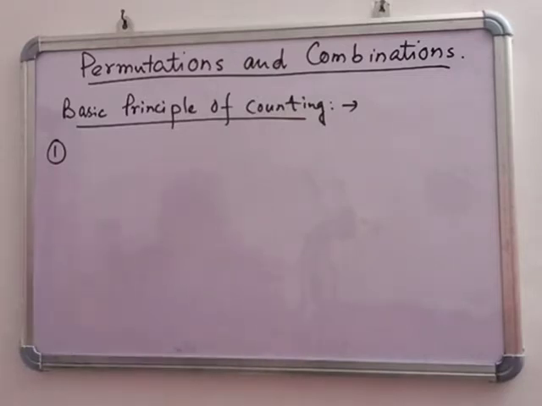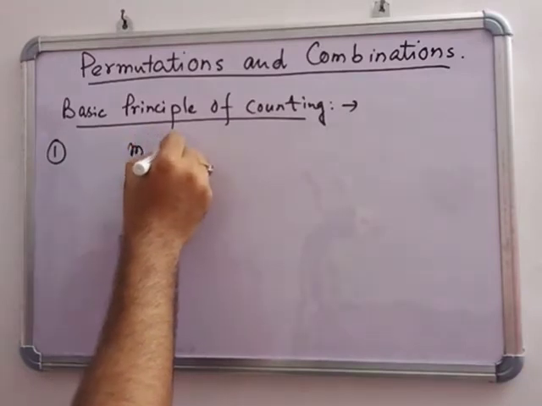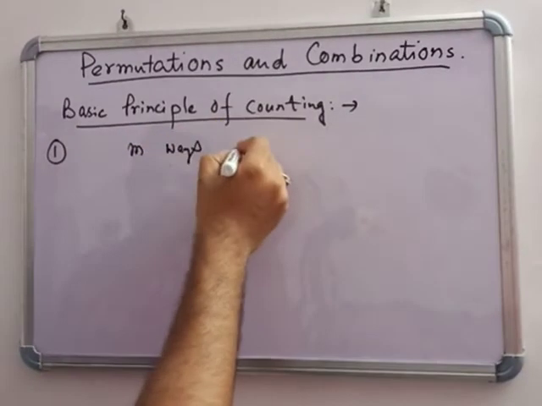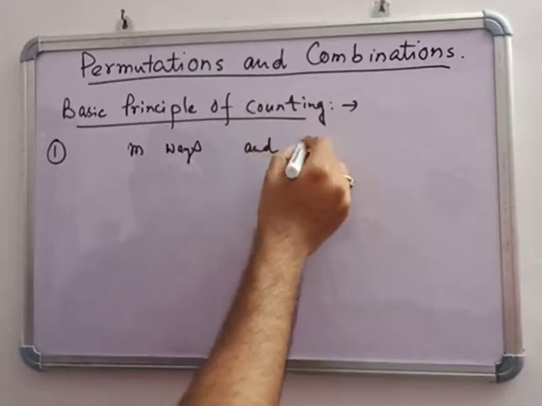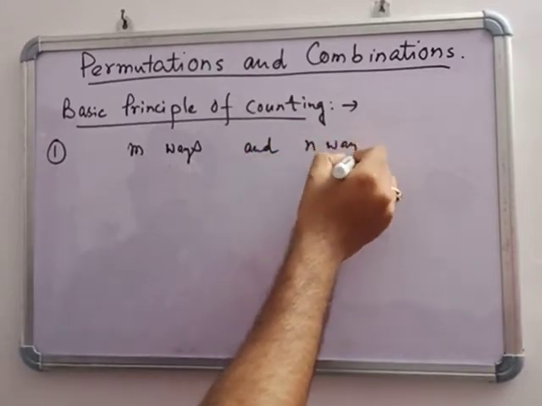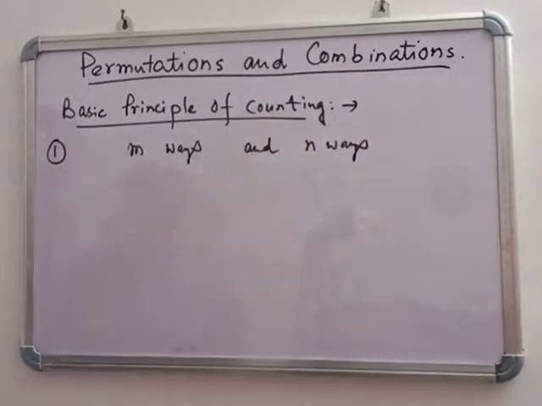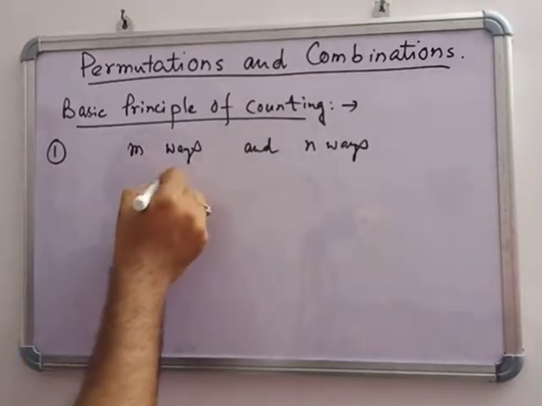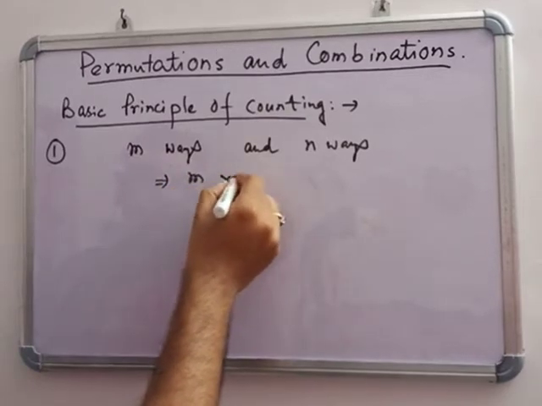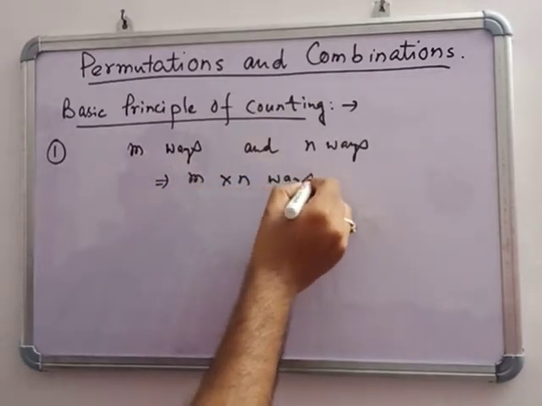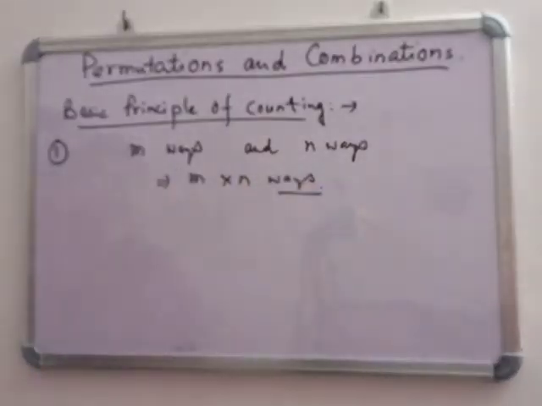Suppose you have m ways to do one thing and n ways to do another thing. That means you have m cross n ways to do both things. This is the multiplication principle of counting.